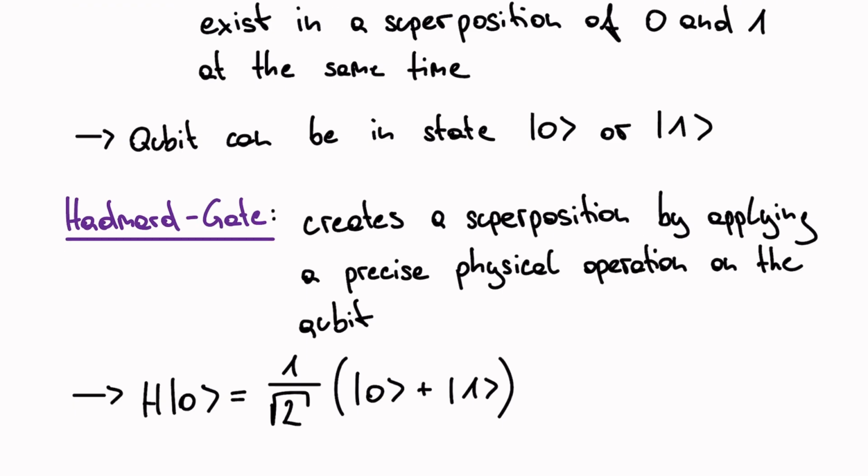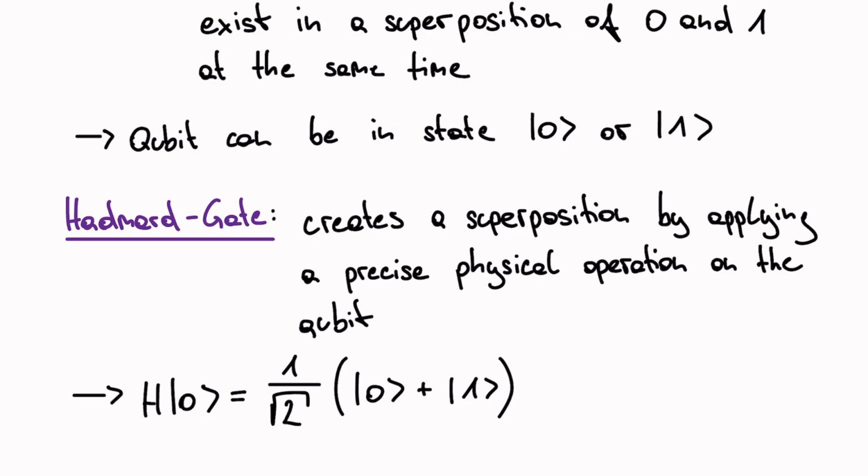When we apply the Hadamard gate to it, the resulting state is a superposition of 0 and 1. So mathematically, we write this state as 1/√2 times the sum of |0> and |1>. This factor, 1/√2, ensures that the total probability remains 100%, because we are dealing here with probabilities.